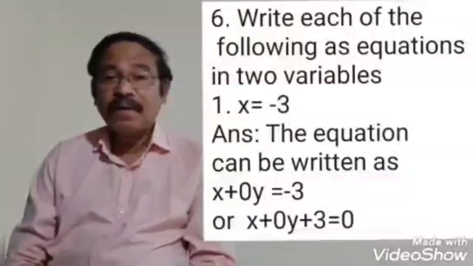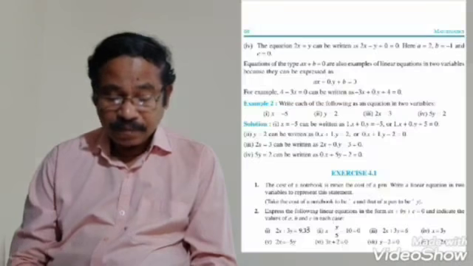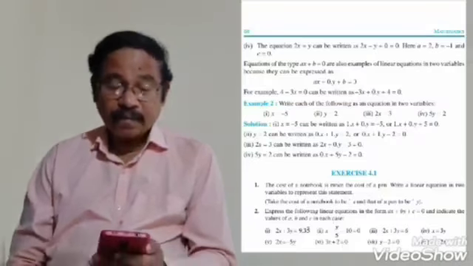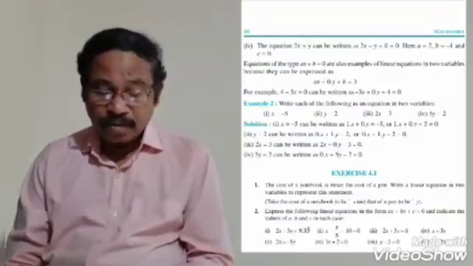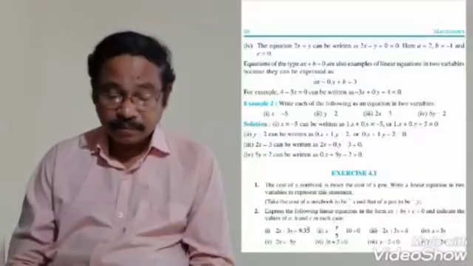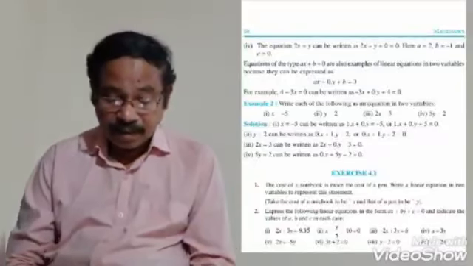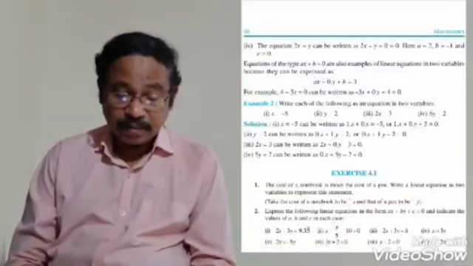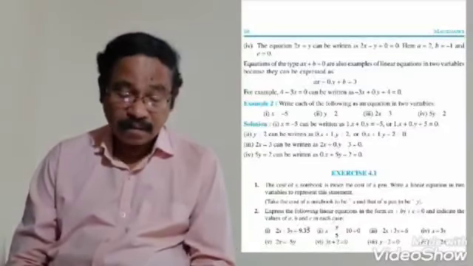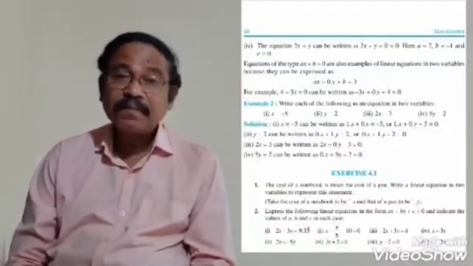Okay. Now we can see the exercise questions. First question is, the cost of a notebook is twice the cost of a pen. Write a linear equation in two variables to represent this statement.